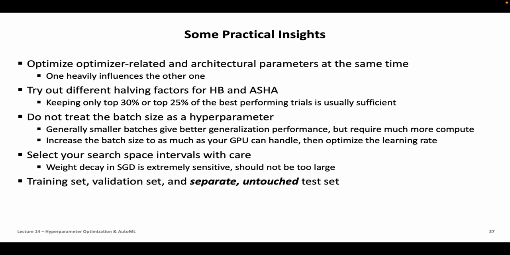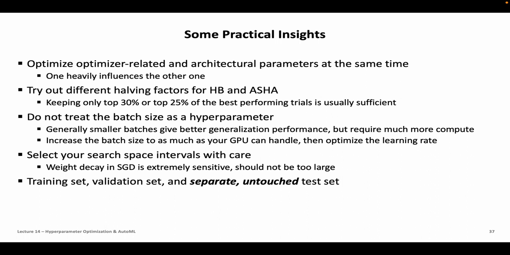And I want to finish with the last but most important point, which should be clear, but I want to mention it again: when you're doing HPO, you need 3 data sets. You first need a training data set to train your models on. Then you need a validation data set to validate the performance of your different hyperparameter configurations, and then pick the best hyperparameter configuration based on this validation set performance.